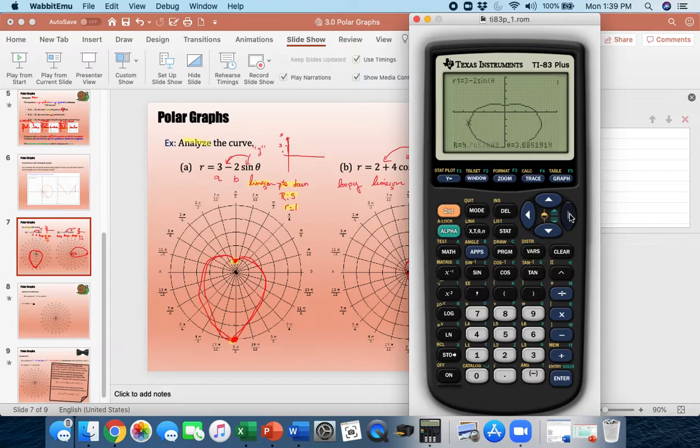And all the way around I'm going to be at 5. The next one was 2 plus 4 cosine theta. Gonna have to make my window a little bit larger in the x direction.